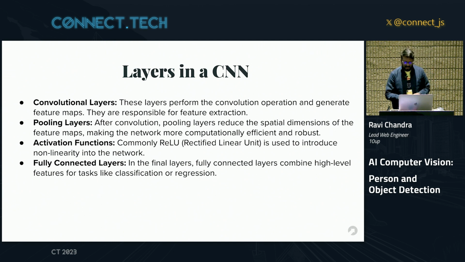We'll talk more about that when we get to activation functions. And then we have the fully connected layers, which, again, is a normal neural network at the end, which takes all the processed data so far and makes either a classification or a regression.